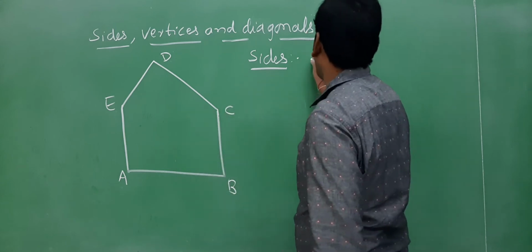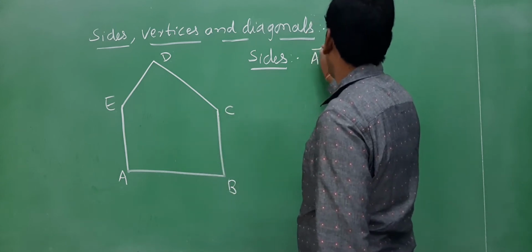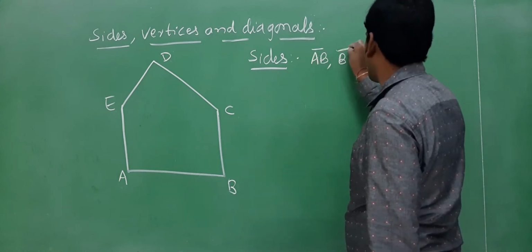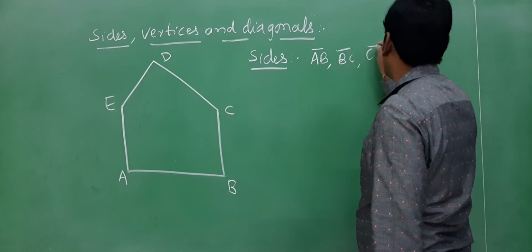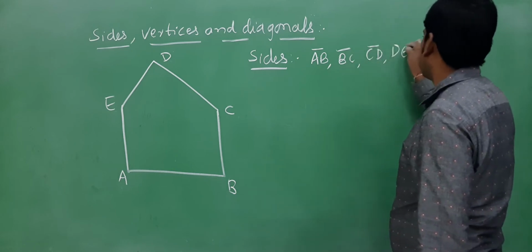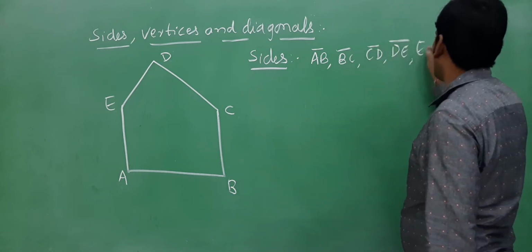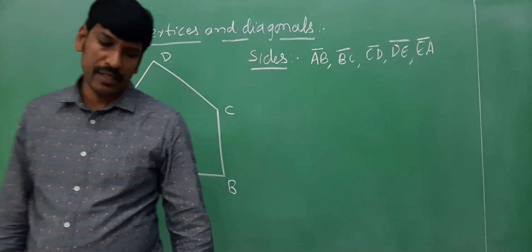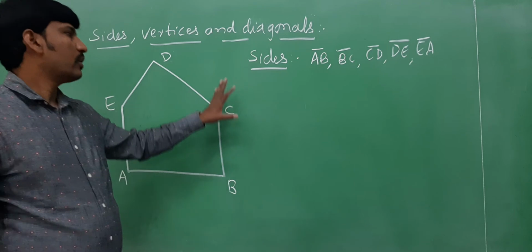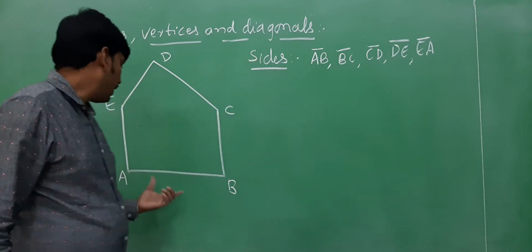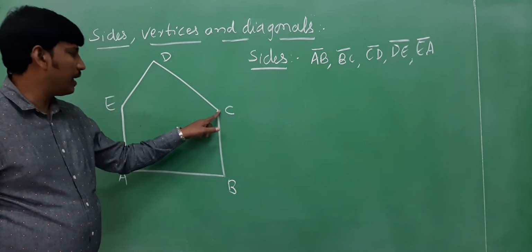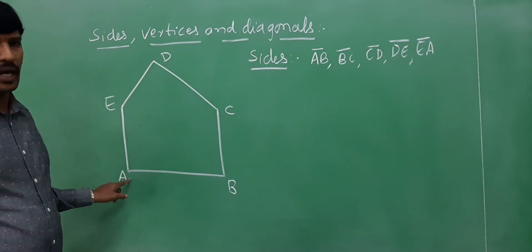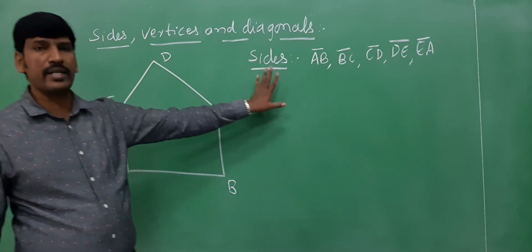AB is one side, BC second side, CD third side, DE fourth side, EA fifth side. Sides are nothing but AB, BC, CD, DE and EA. These 5 are called sides.